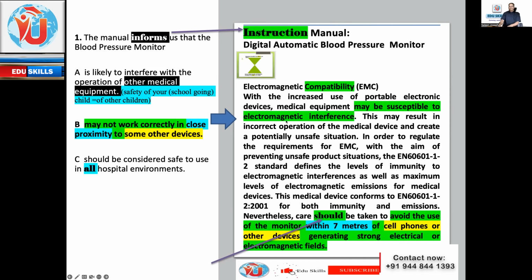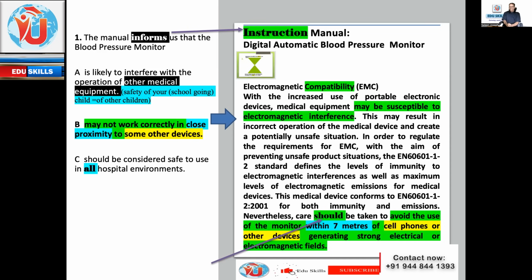Like, you may be susceptible to electronic interference from other devices. With the increased use of portable electronic devices, medical equipment may be susceptible to electronic interference. Now that can be read as medical equipment is or may be susceptible to electromagnetic interference from other portable electronic devices.